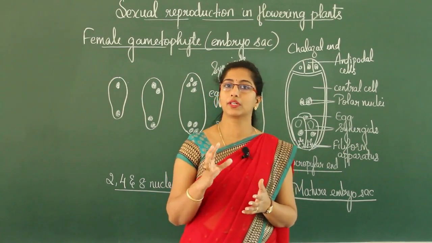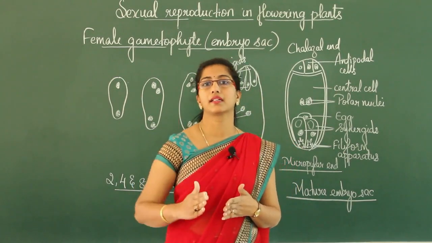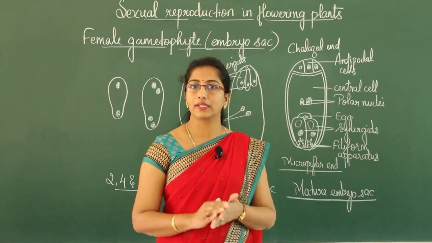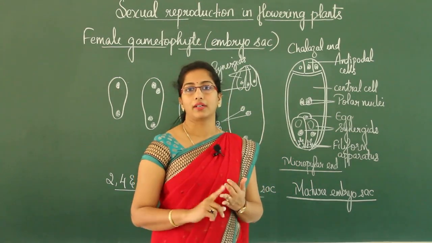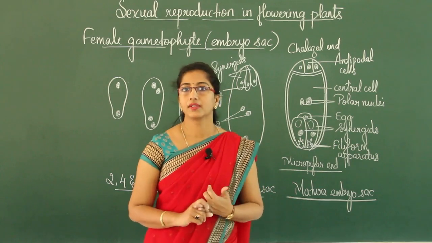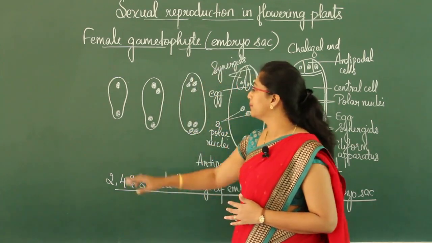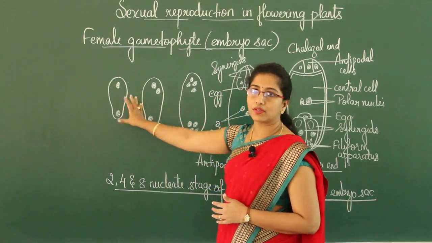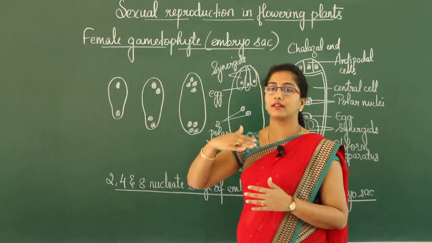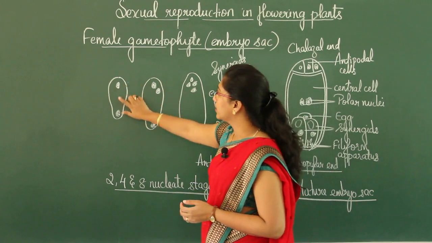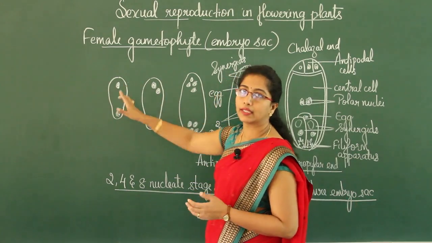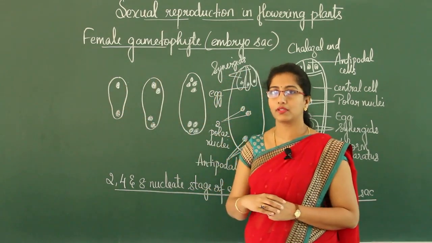You know that the megaspore is already haploid because it is a result of meiosis. Now this haploid megaspore will undergo mitotic division. In this diagram you can see the first division has happened, and you can see the 2 nuclei which have moved towards the opposite poles.